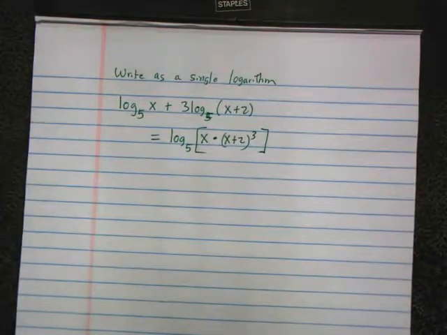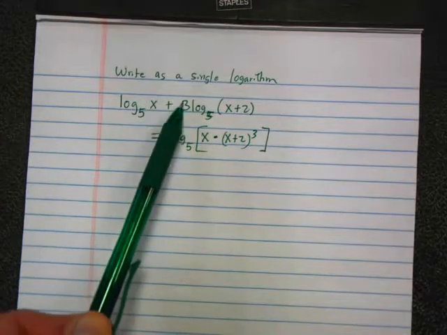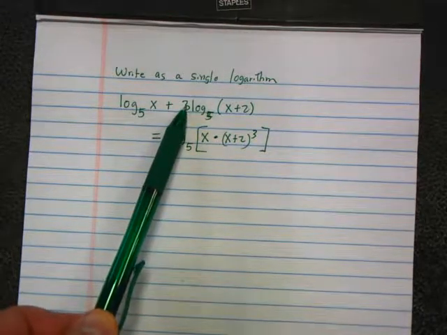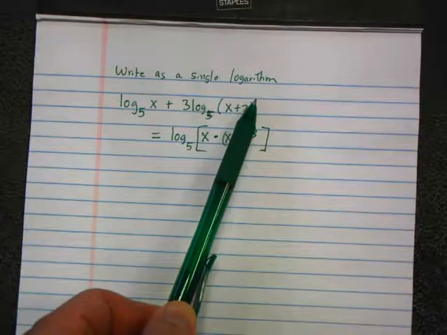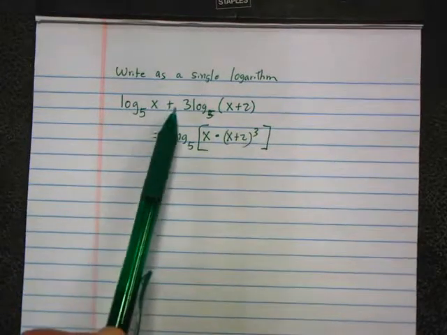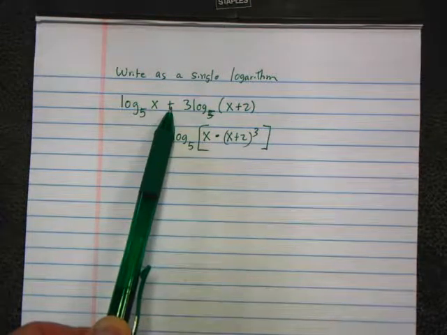Correct, and really what we did there is we did 2 steps at once. This 3 right here goes inside, and when it goes inside it becomes an exponent. And then we see we have addition out here. Addition turns into multiplication.